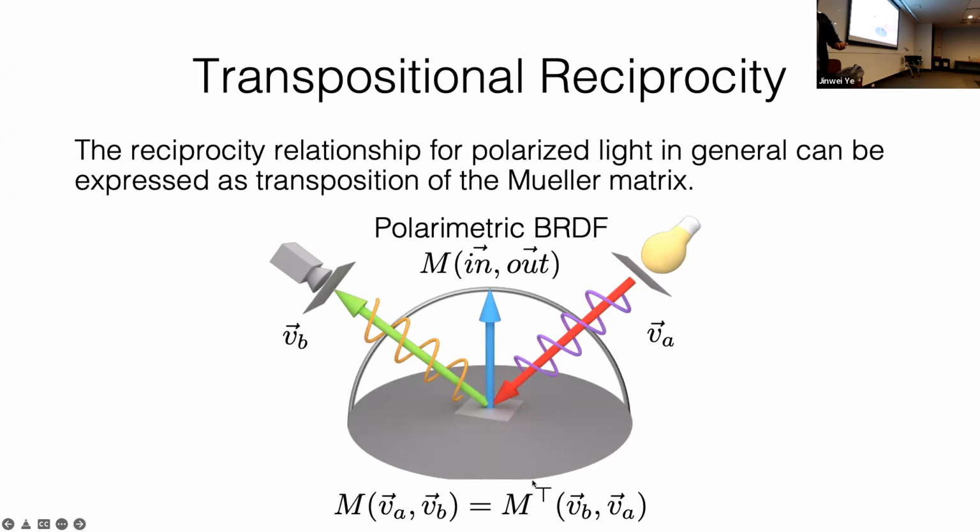The camera is in this position. And this other one maps the Stokes vector when the light source and camera are switched.